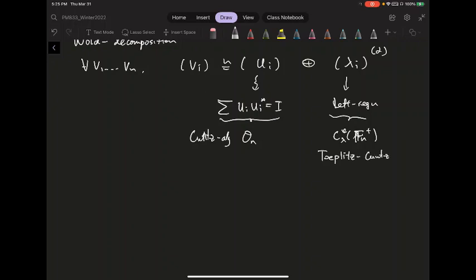The relationship between these two is that the Cuntz algebra On is always a quotient of the Toeplitz-Cuntz algebra. The reason is, you can check it, it's not that difficult. In your left regular representation, you take the range projections, and the sum misses a rank 1 projection onto the basis vector for the identity.